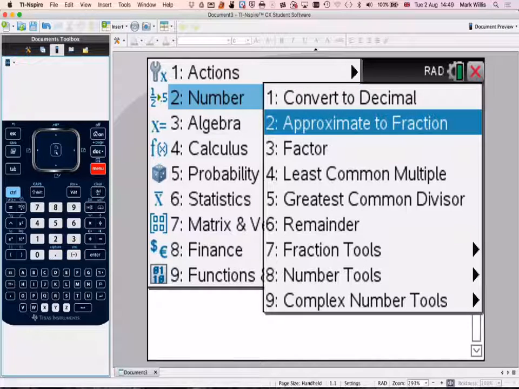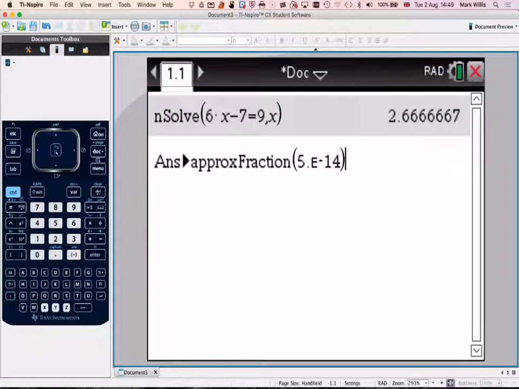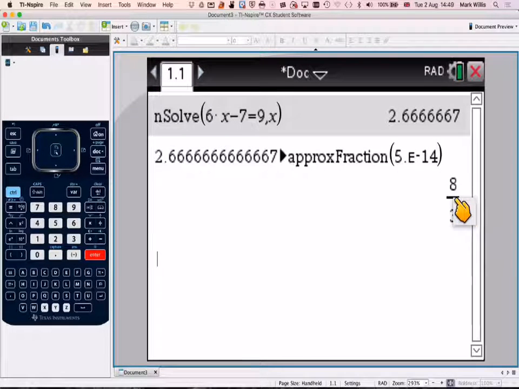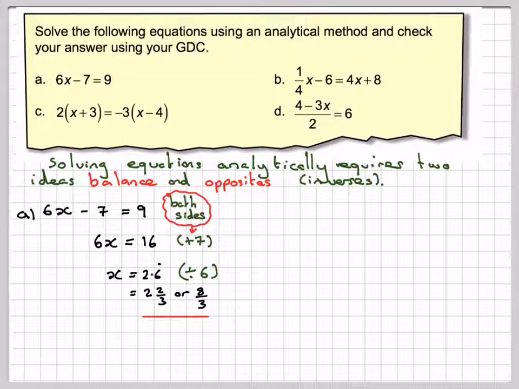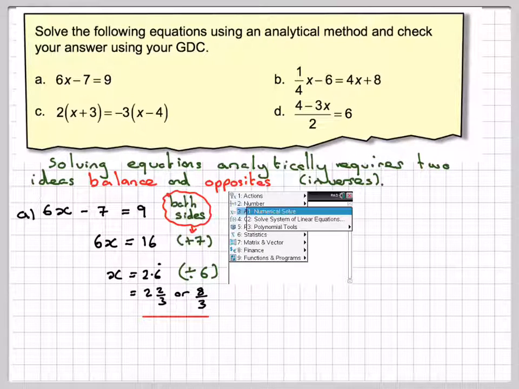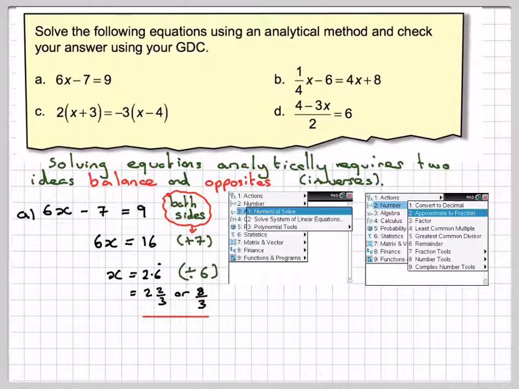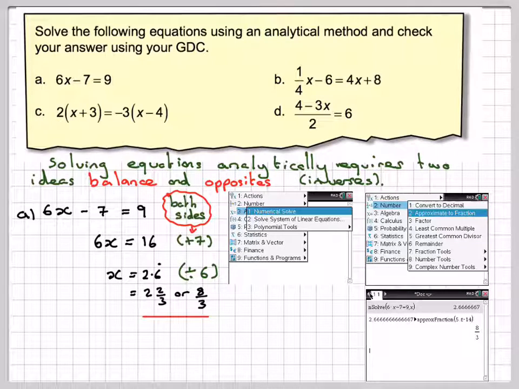And convert approximate to a fraction, number 2. And press enter. And you see we'll get 8 over 3. Here's the screenshot to show you the steps for that, okay?